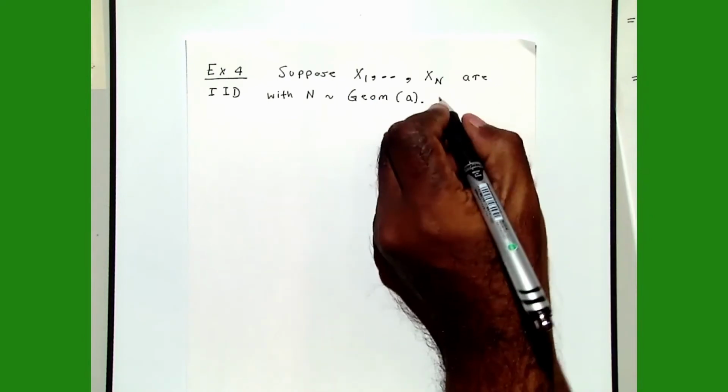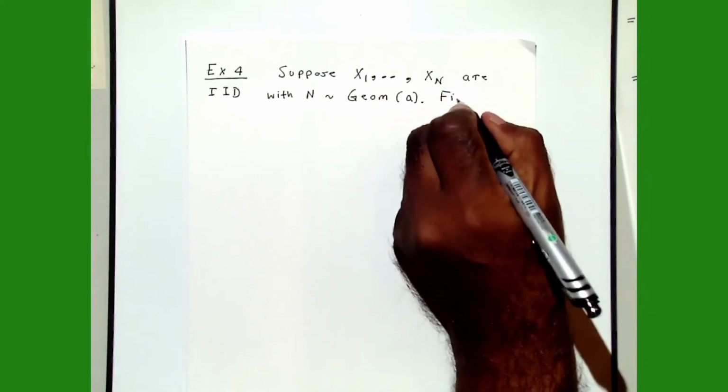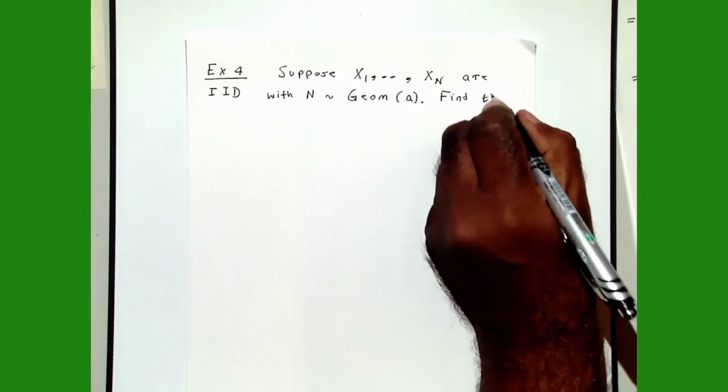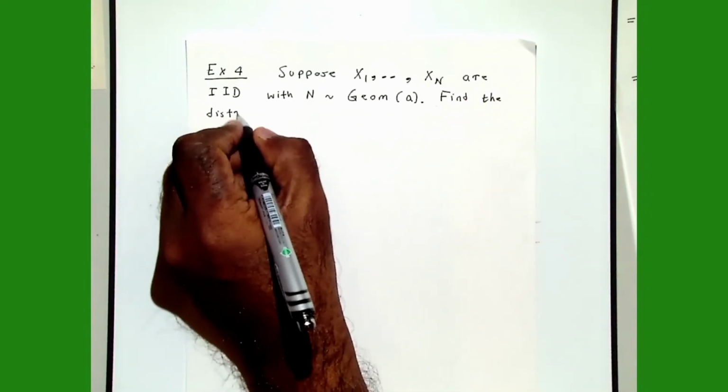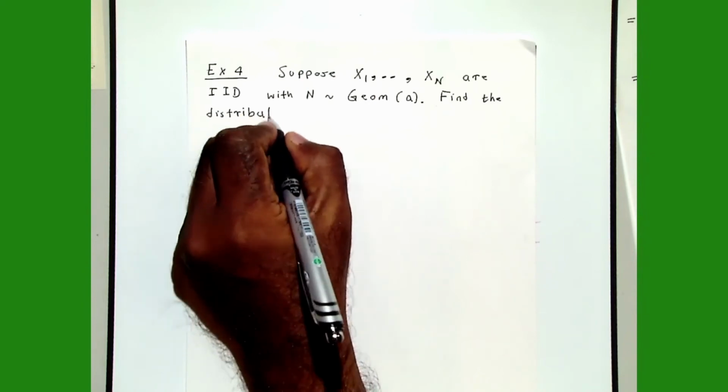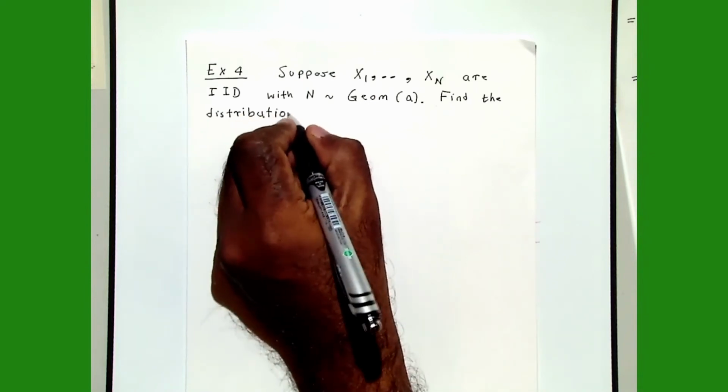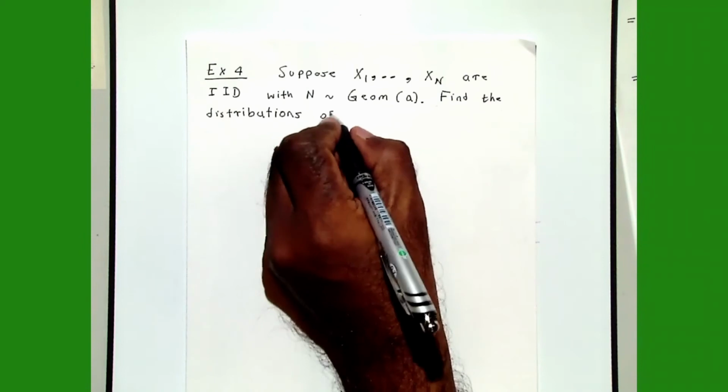And the question is to find the distributions of U and V.